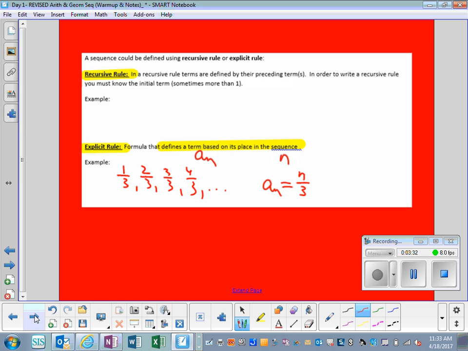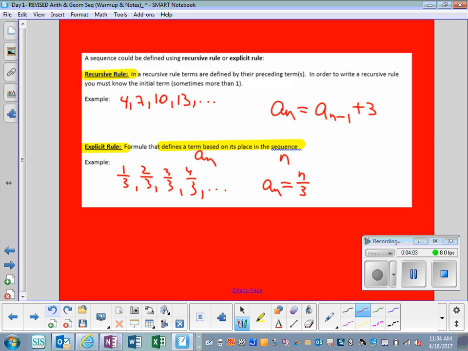So if you think about the example we had in the warm-up, we had 4, 7, 10, 13, and so on and so forth. You see how every next term depended on the previous term, and then we added 3, right? So if I wanted to define the rule for an, I would have to know what the number is in front of this term, and then add 3 to it, correct?